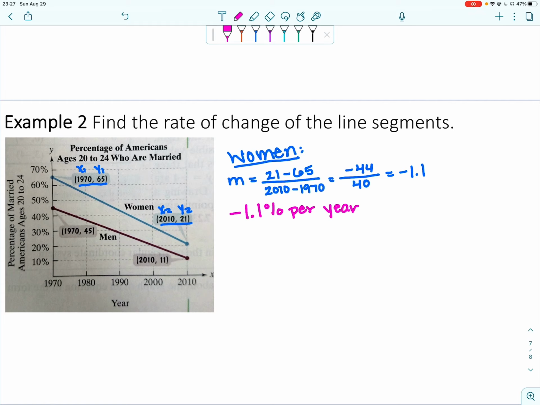This negative 1.1 represents the percent of women that are getting married decreasing for every year that goes by. So this percent here is the unit on the y-axis.